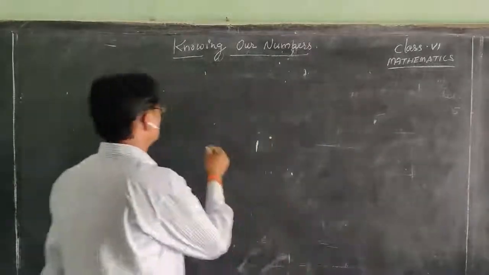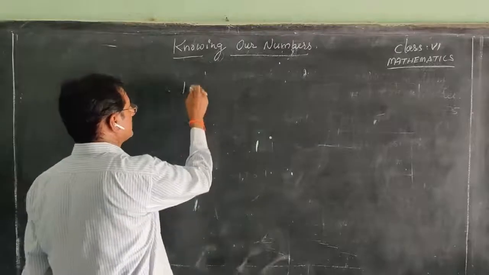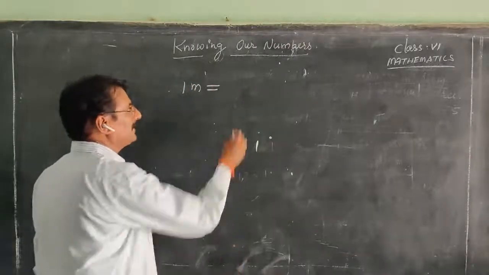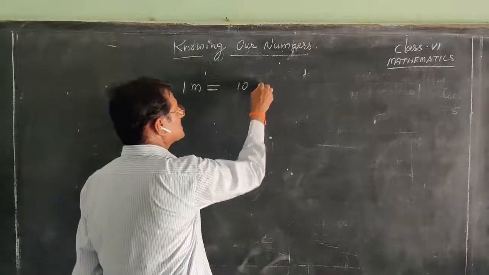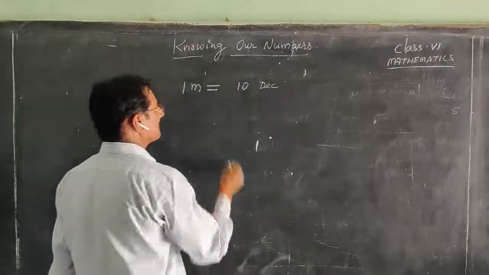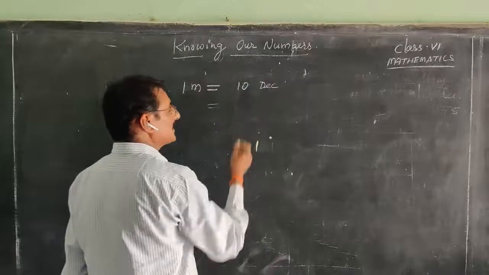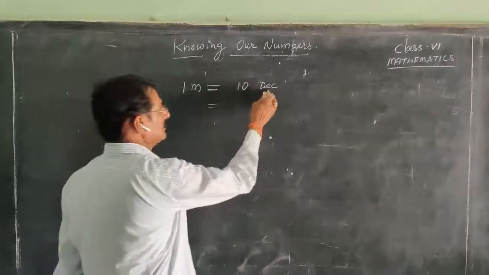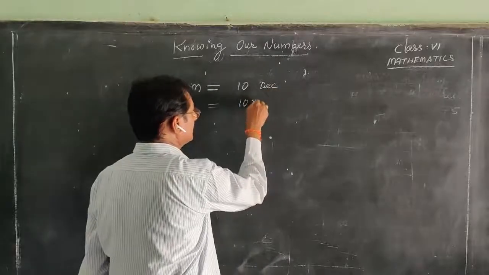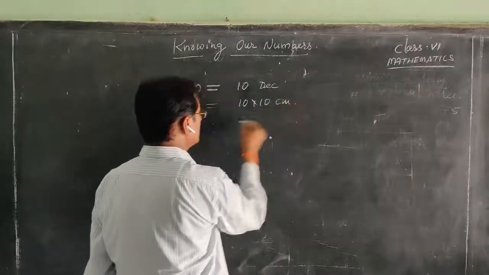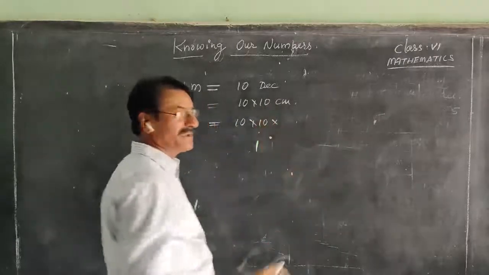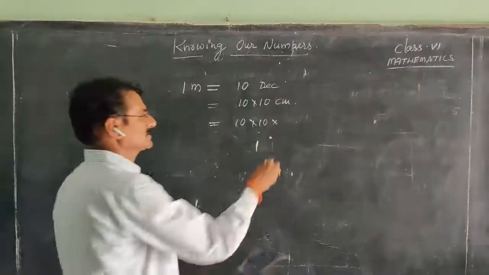For example, 1 meter equals 10 decimeters. 1 decimeter equals 10 centimeters. So we change 10 into 10 centimeters, and 1 centimeter equals 10 millimeters.